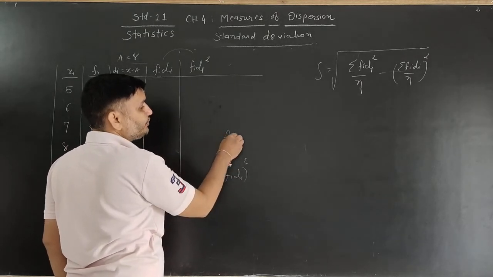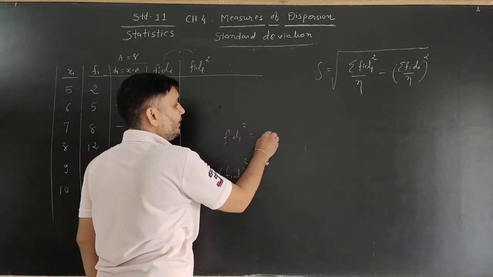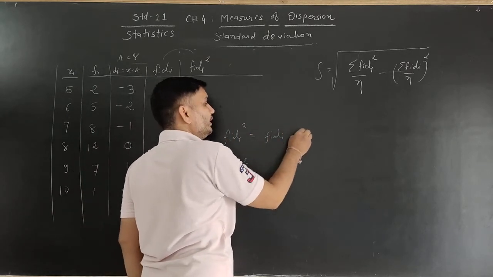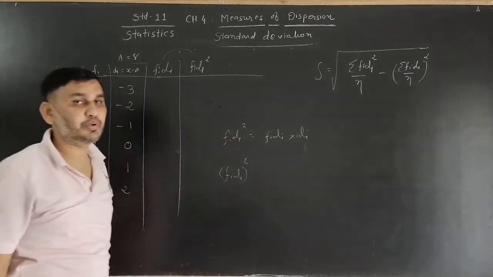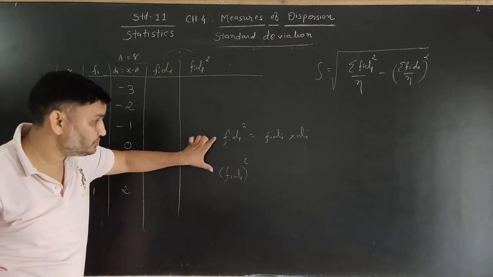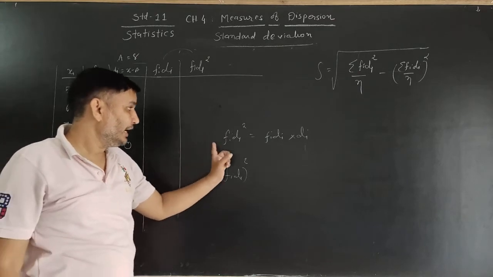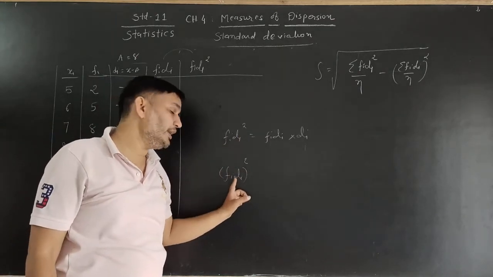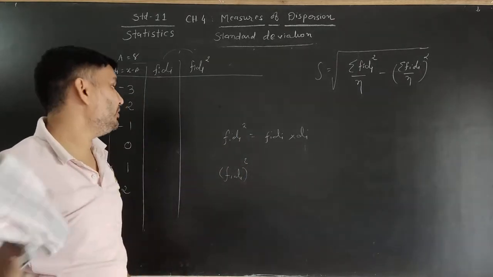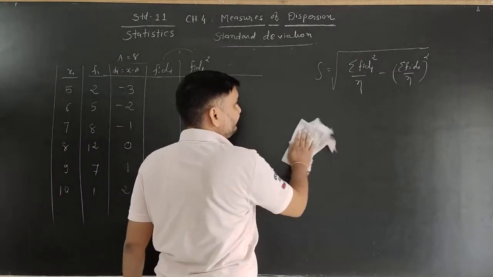And fi di square means fi di into di, that is called fi di square. So keep in mind, this mistake should not happen. That is the difference between fi di square and fi di whole square.